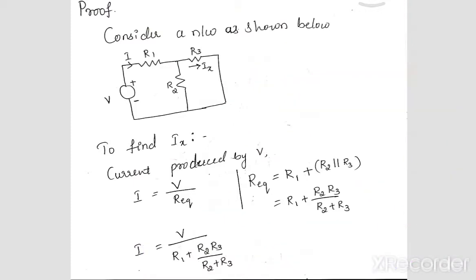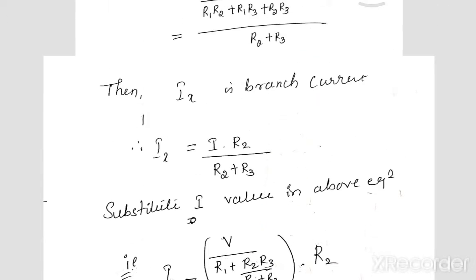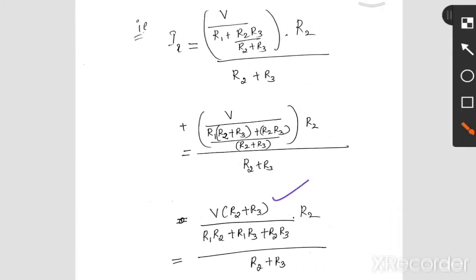Substitute that into the branch current formula. As we know, Ix is the branch current, so apply the formula: main current into resistance of the other branch divided by total resistance. Substitute the calculated value of I and simplify. We get V into R2 plus R3 divided by R1 R2 plus R1 R3 plus R2 R3, into R2 divided by R2 plus R3.